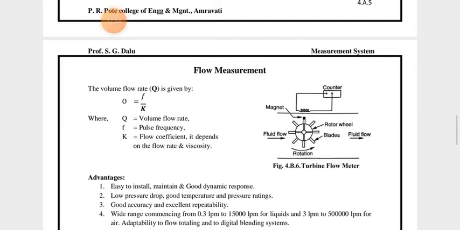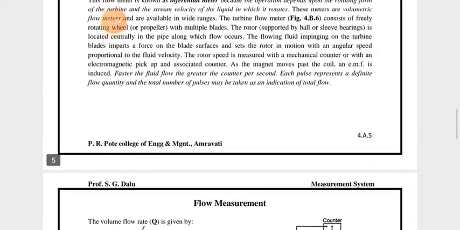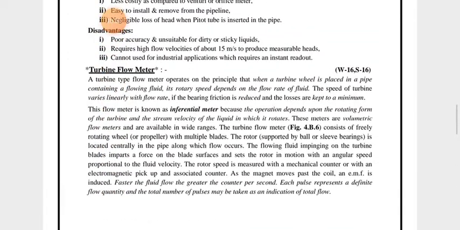And that will be the representation of the measure of flow. So in detail, we will go through the turbine flow meter. A turbine type flow meter operates on the principle that when a turbine wheel is placed in a pipe containing flowing fluid, its rotary speed depends on the flow rate of the fluid, and the speed of the turbine varies linearly with flow rate.